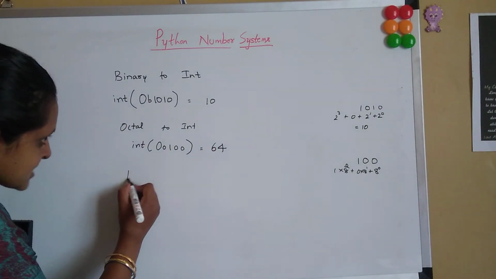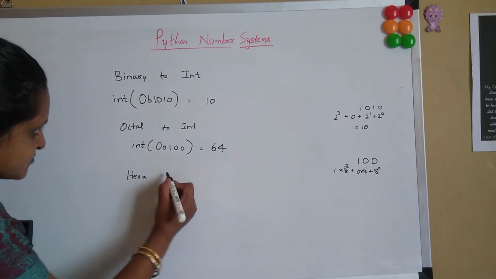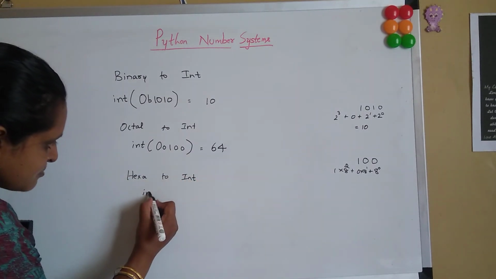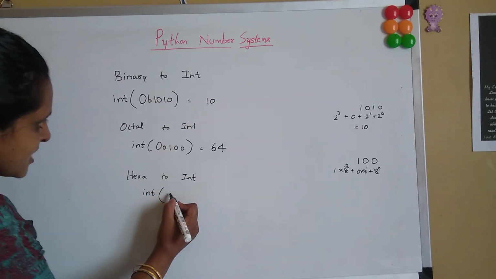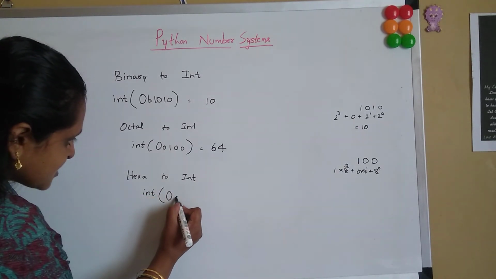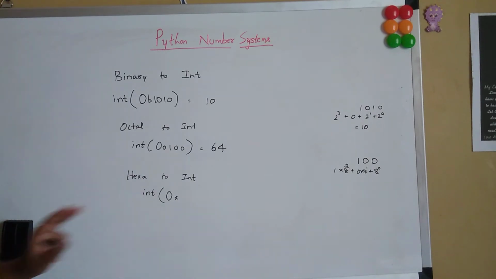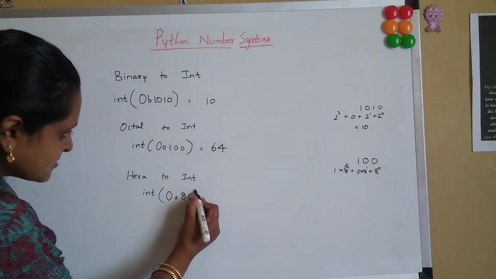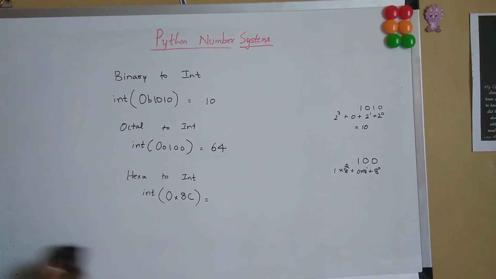Now from hexa to int, we have the same built-in function, but we have to pass the hexa representation of the number. So I am passing 8 and then a C. Let's see what the result would be.